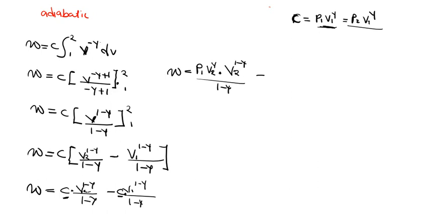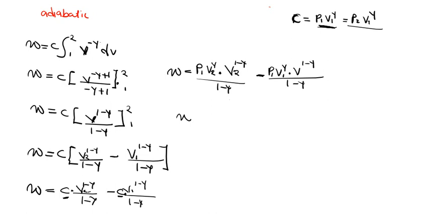I'll substitute it with the related one, so P1 V1 gamma times the same V1 to the minus gamma over 1 minus gamma, like that. From there it's just a matter of simplifying.